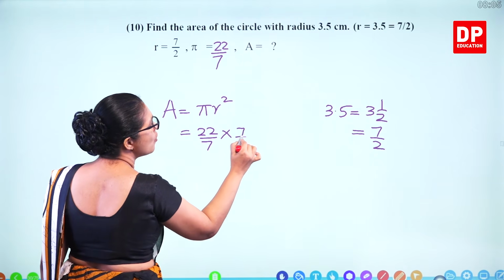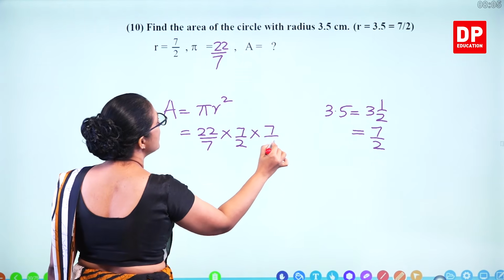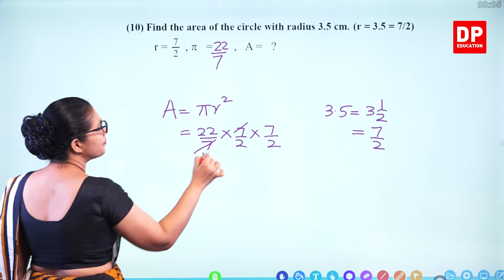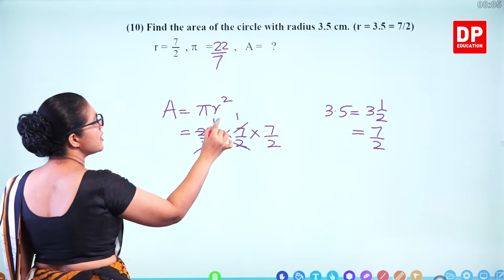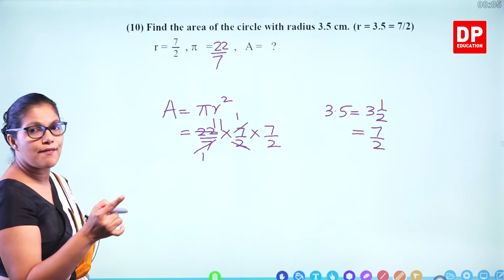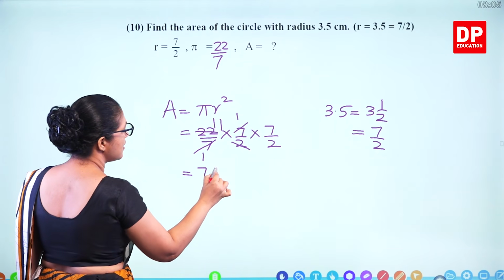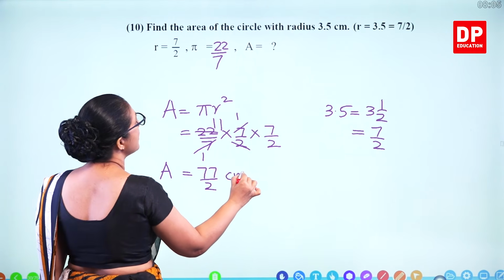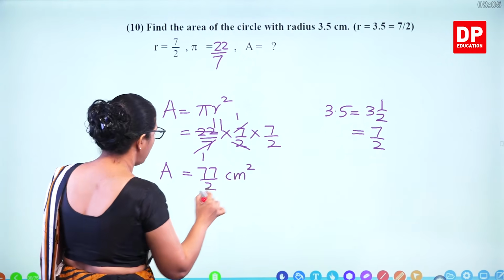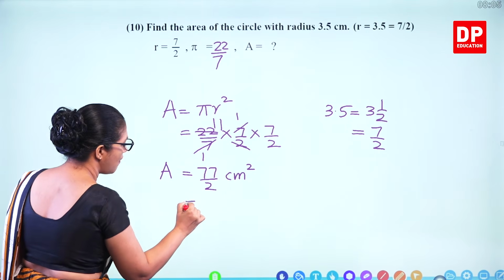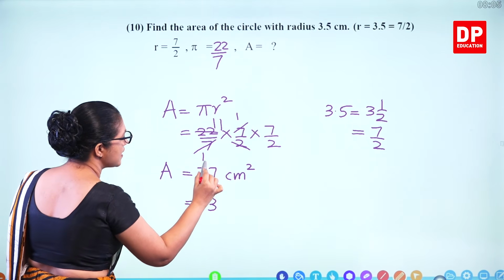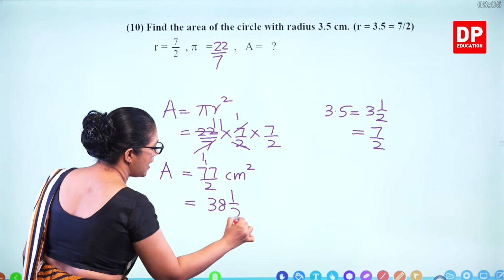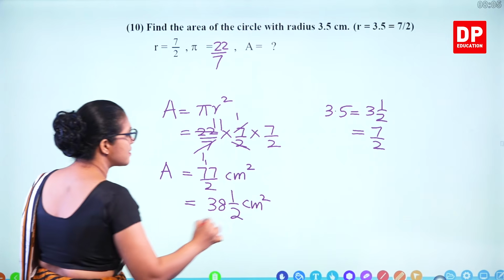R is 7/2 into 7/2. 7 here get cancelled out. And 2, you get 11. 11 times 7, 77. Divide by 2. So you can keep it like this. Or if you want the decimal answer, just divide. 2 times 3, 6. For 17, that's 8. And 1 remaining, 38.5 square centimeters.